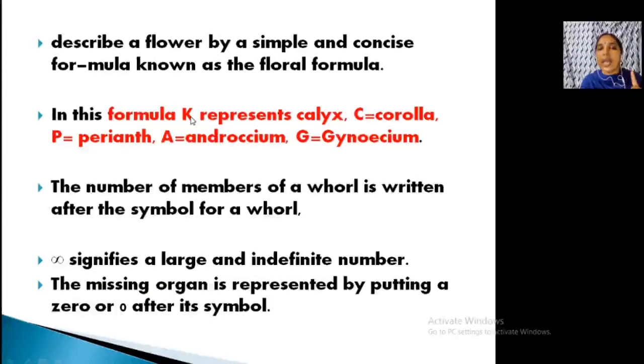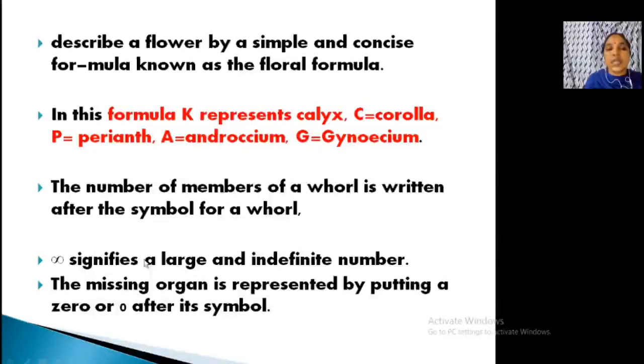K5 means sepals 5. First you write the letter, then the number of the particular sepal, petal, stamen or carpel. So K5 means calyx contains 5 sepals. C4 means corolla contains 4 petals. A6 means androecium contains 6 stamens, like that.